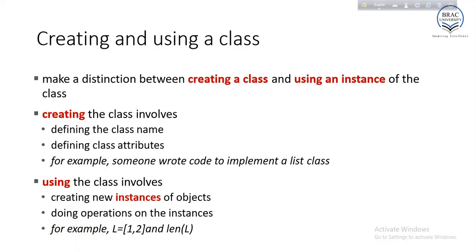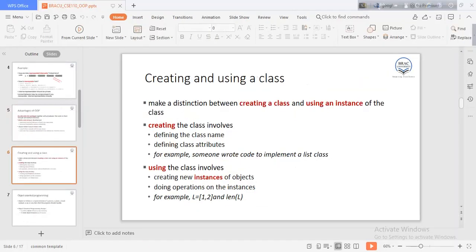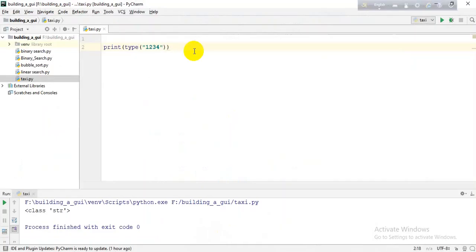So if we want to do some operations, let us say we are talking about this list. This is the list. By this line we are creating an object of list.